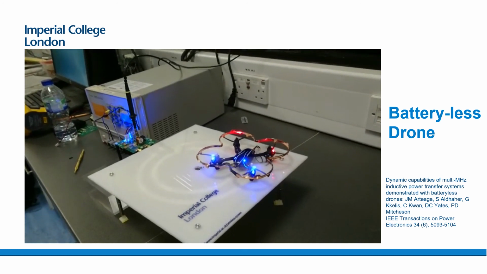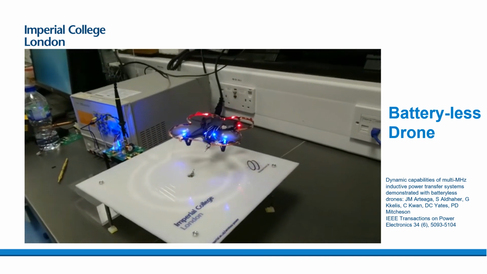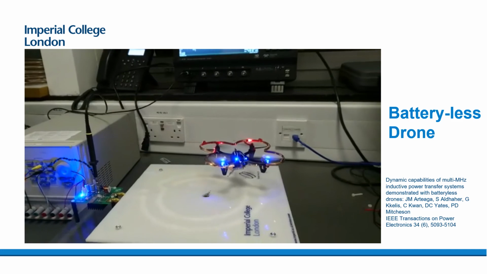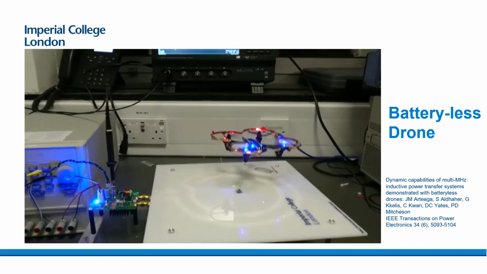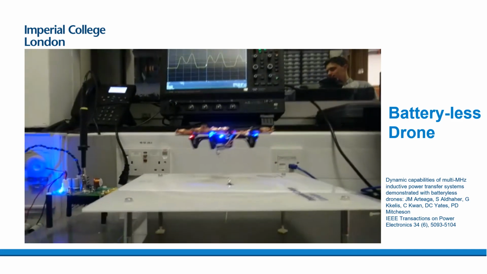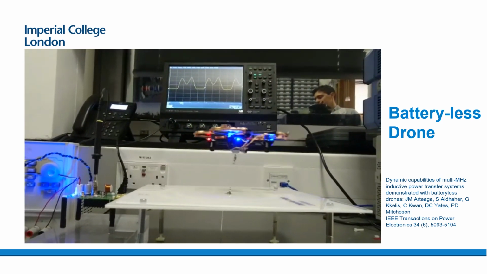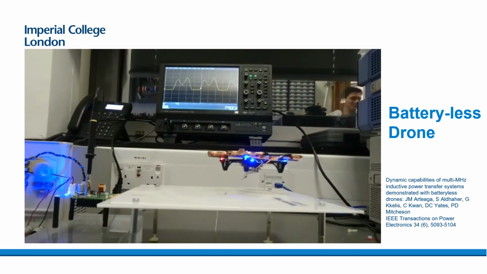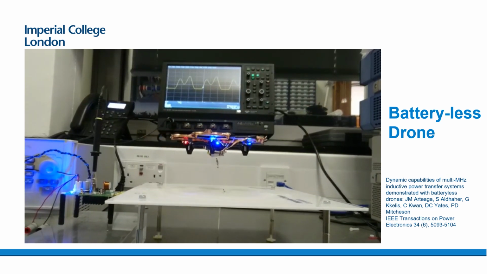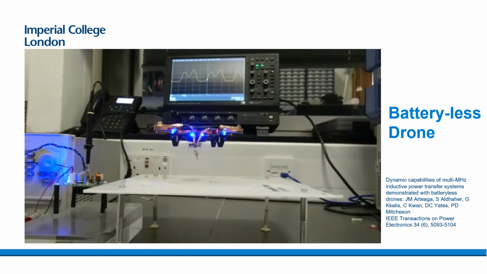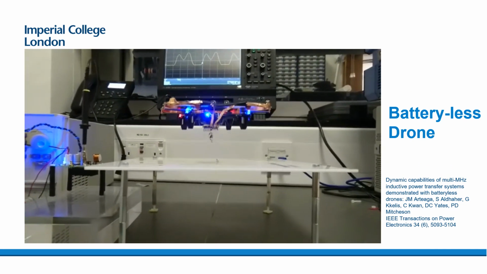It's a PCB based charging pad, and you can see the drone is able to fly above that charging pad. It's tethered on a nylon tether to stop it flying away, and this is using one of our Class EF inverter systems. You can see the trajectory of the drain voltage on the MOSFET constantly changing but maintaining zero voltage switching, and this really is designed to show the dynamic capabilities of our system and also the lightweight nature of it.